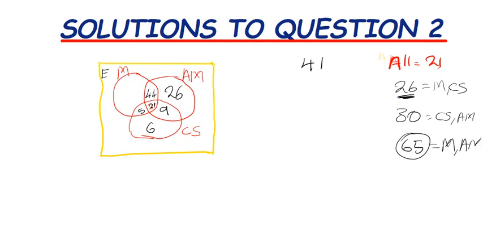So when you add 9, 21, 44, and 26, additional mathematics must be equal to 100 there, because these are the teachers who taught additional mathematics.